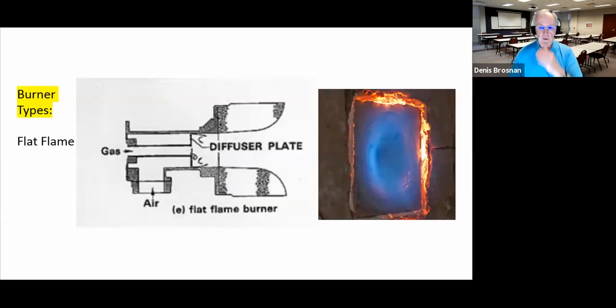And finally, last but not least, showing a flat flame burner. Flat flame burner is just exactly what it says. Gas and air are injected into a refractory area, but there is a diffuser plate in this burner. You can see it up here trying to concentrate the flame right in the middle of the burner and let it flow outward, okay, and produce a flat flame.